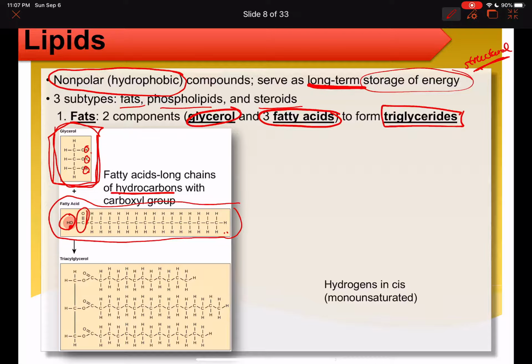Okay, so you have your triglyceride right here, where you have one fatty acid chain, 2, and 3 fatty acid chains. This forms after dehydration synthesis, from the hydroxyl groups of the fatty acids and the hydrogens of the glycerol. It's the same as what we talked about with the glycosidic bond. You have that oxygen molecule serving as a covalent bond between the glycerol and the fatty acid. And instead of calling this a glycosidic bond, we call this the ester bond.